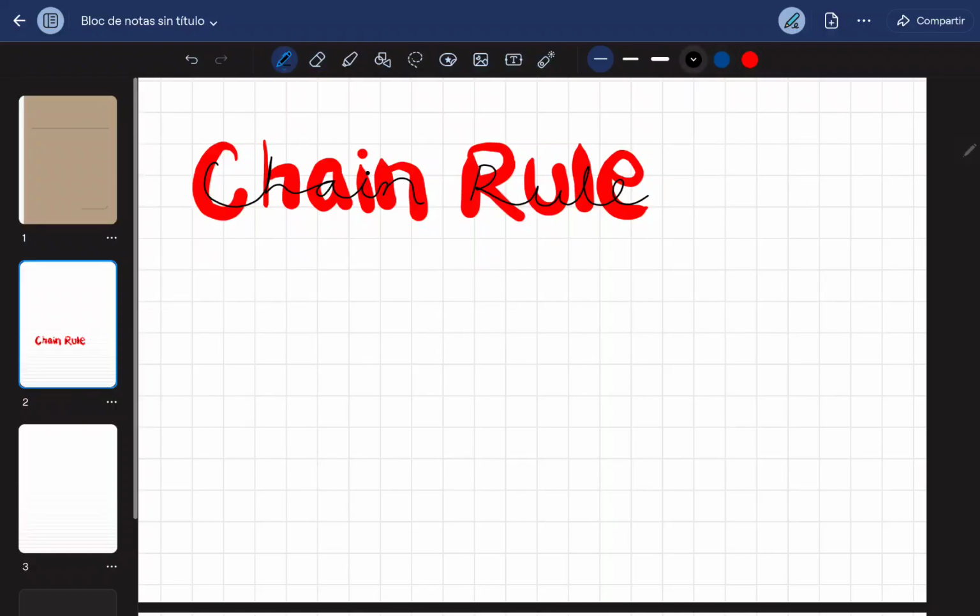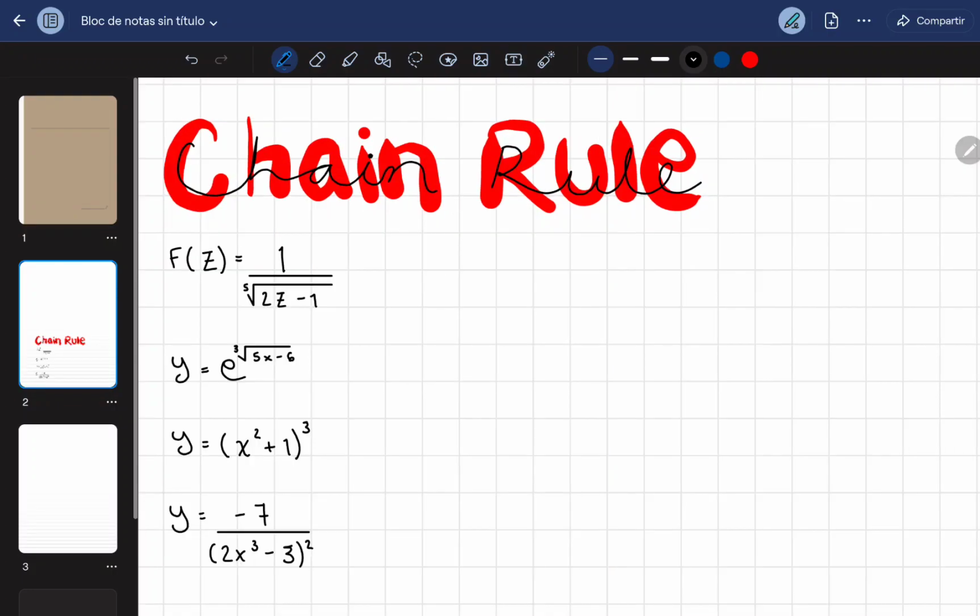So we're going to have a small exercise in here. I'm going to write some problems and you're going to answer them. Okay, so here you have the exercises. They are 4. They are kind of difficult, so take your time to analyze what you need to do in each one, okay?